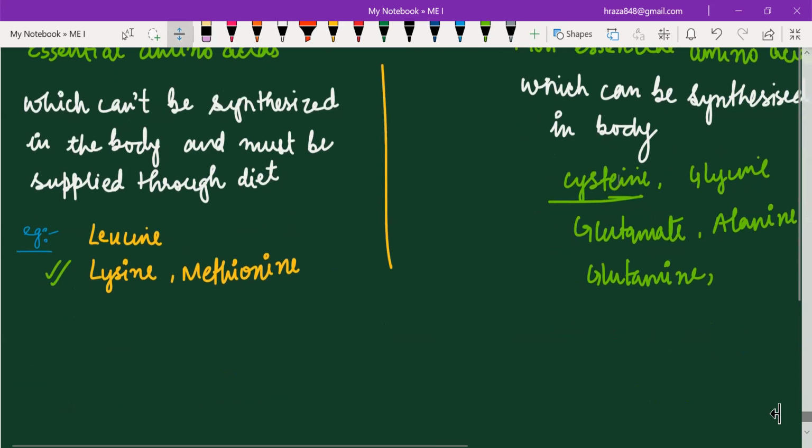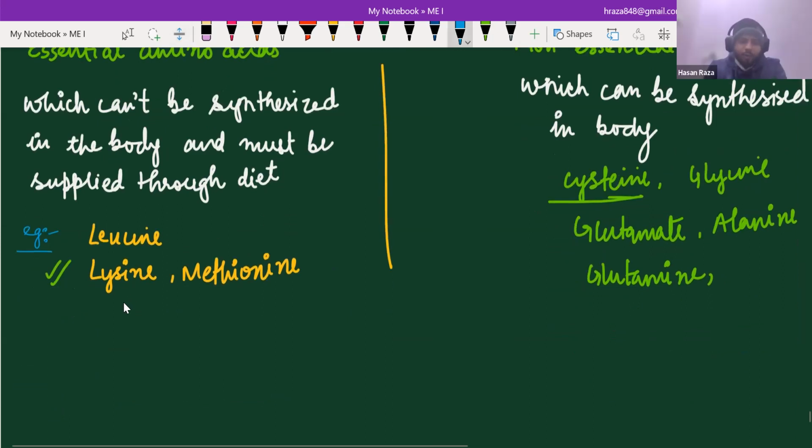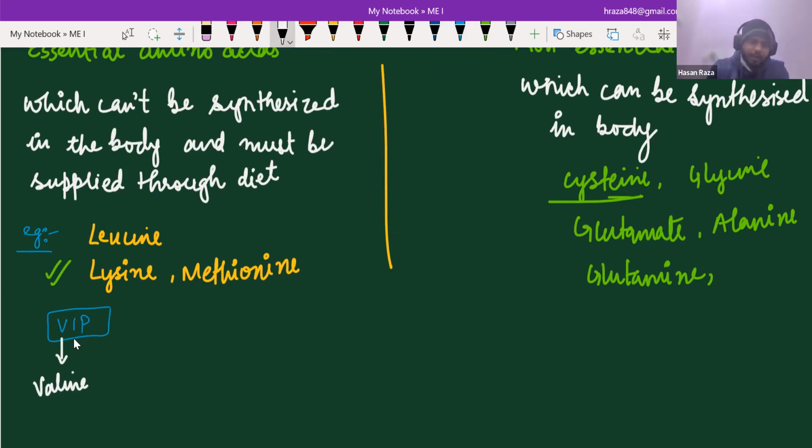Yes, sir. Done. Okay, there are more examples that I wanted to write here. VIP, just to remember it. V is for valine, which is also essential, I is for isoleucine, and P is for phenylalanine.